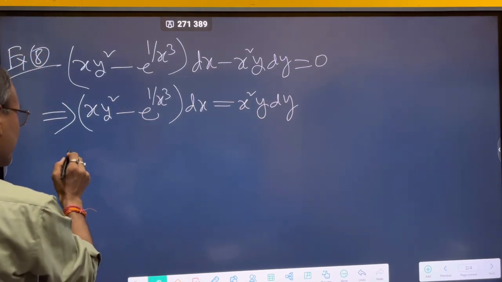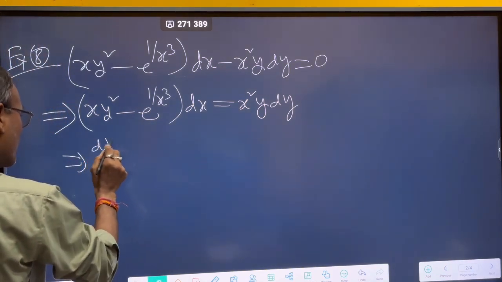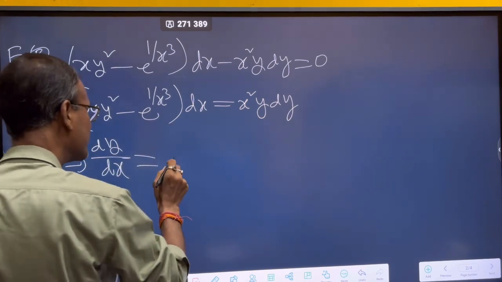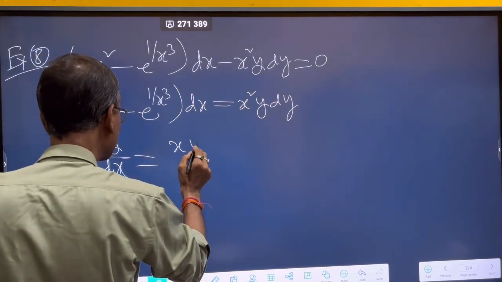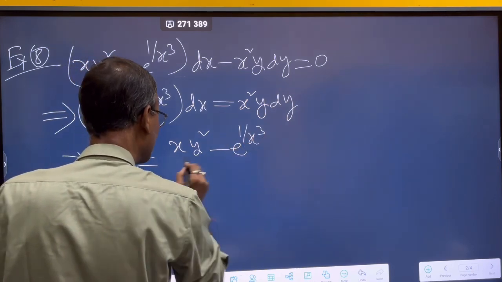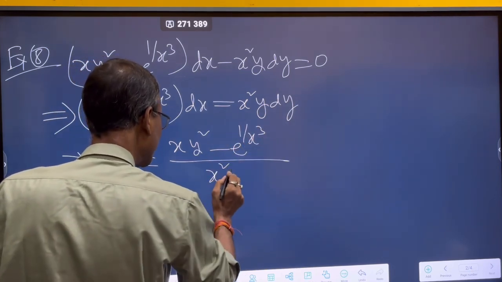Or dy by dx equal to xy square minus e to the power 1 by x cube divided by x square y.